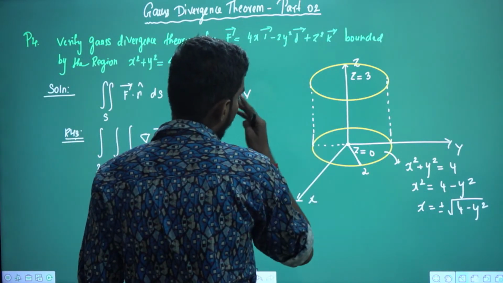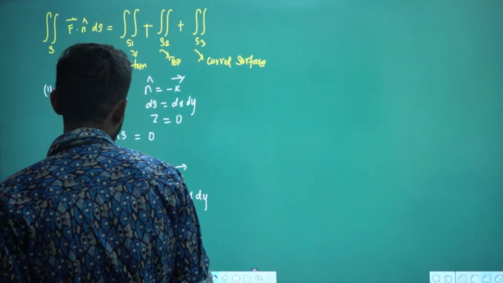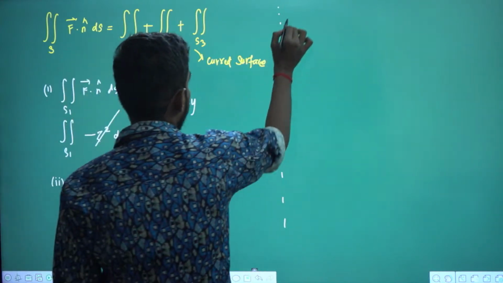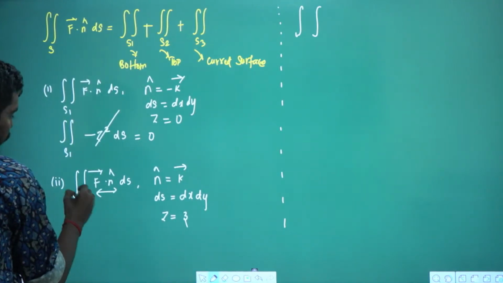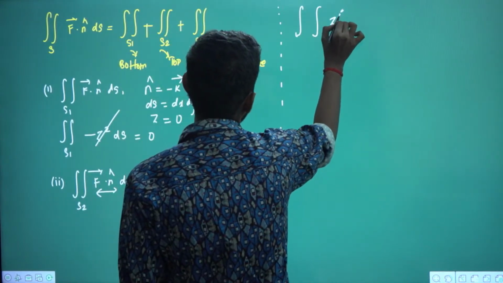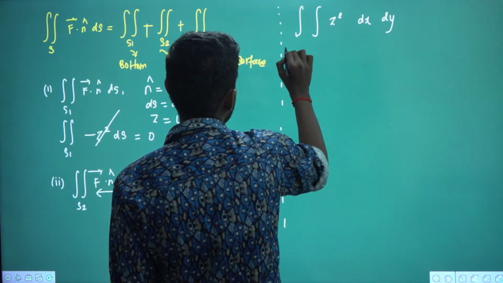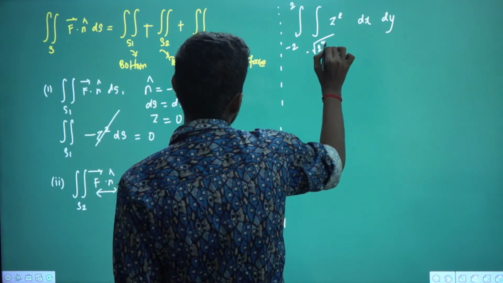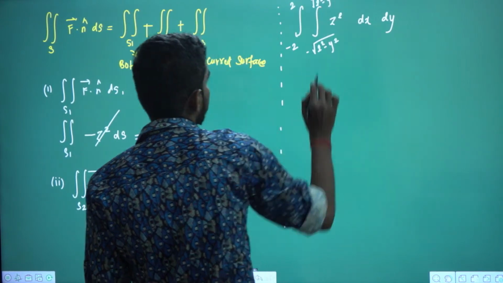Now again, what is f vector dot n cap? f vector you already know. Making a dot product with k vector, you will have z square dx dy, and we know y varies from minus 2 to 2, x varies from minus root of 2 square minus y square to plus root of 2 square minus y square.